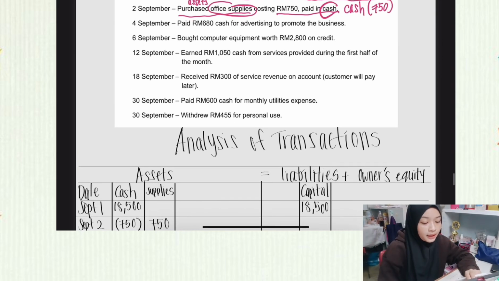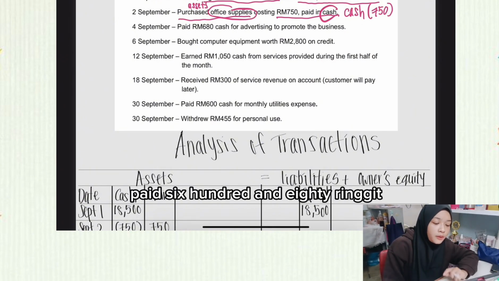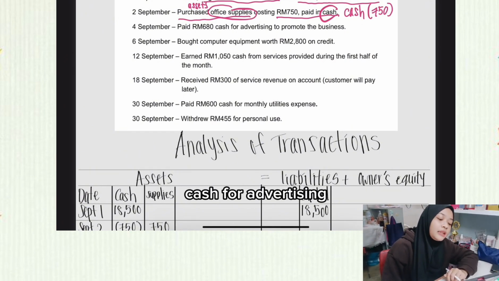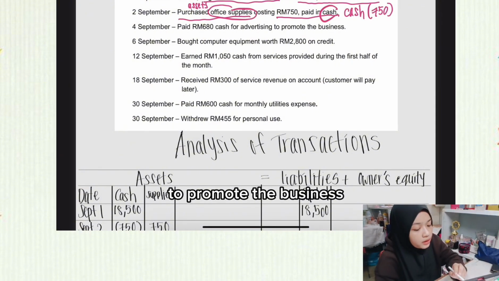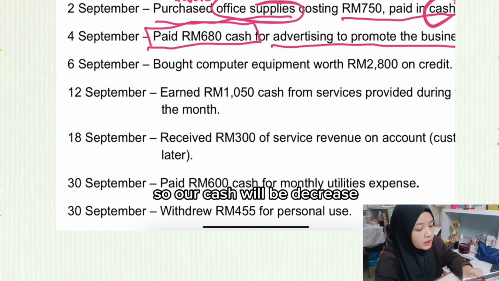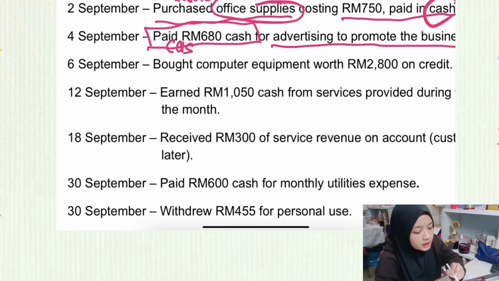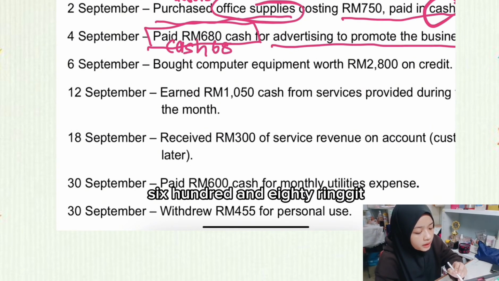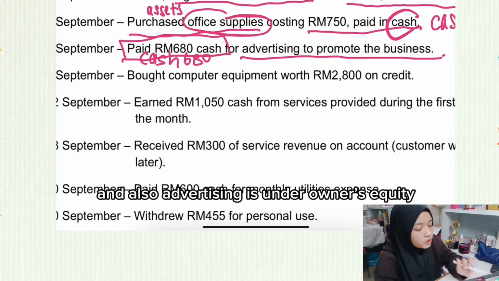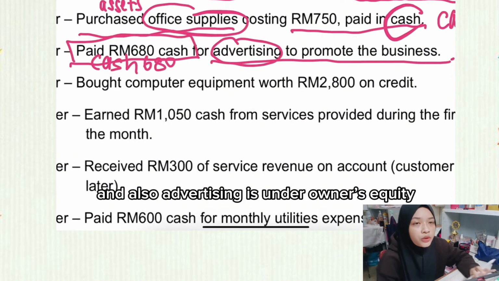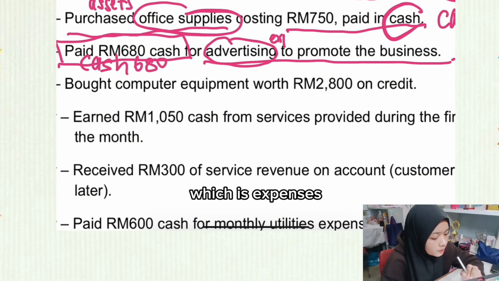Okay, next, 4th September, paid 680 ringgit cash for advertising to promote the business. The same thing for advertising business. So our cash will be decreased 680 ringgit, and also advertising is under owner's equity, which is expenses.